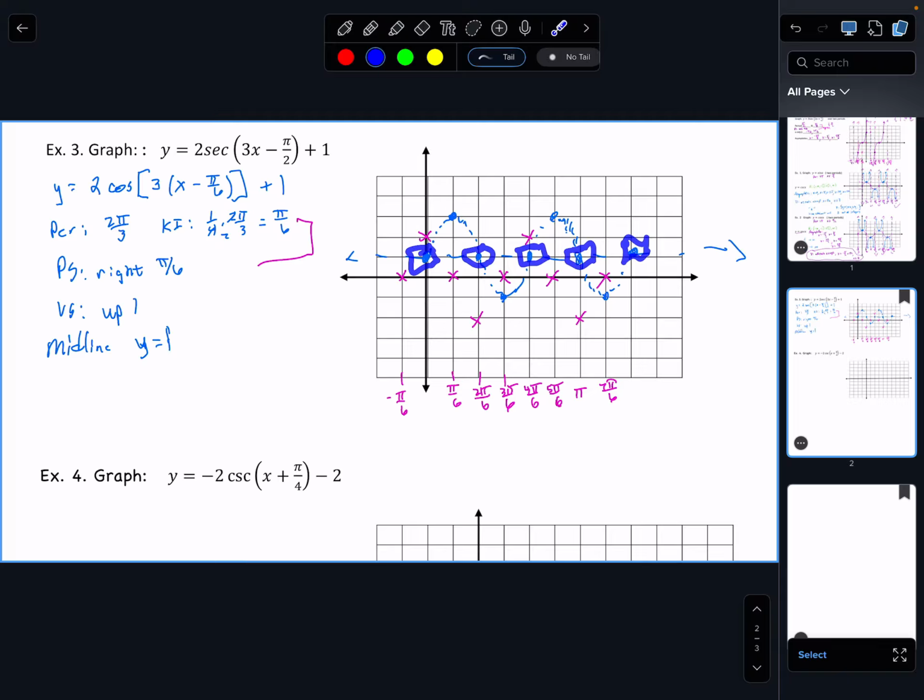That's why drawing the midline is helpful. And so you're going to have an asymptote at 0, at 2 pi 6, at 4 pi 6, and at 8 pi 6.